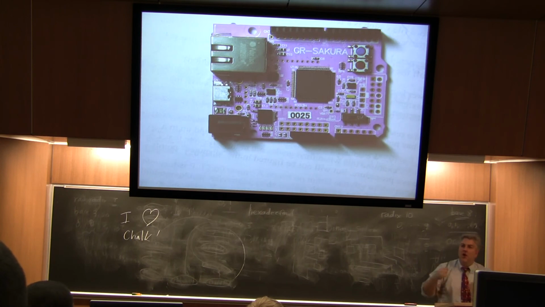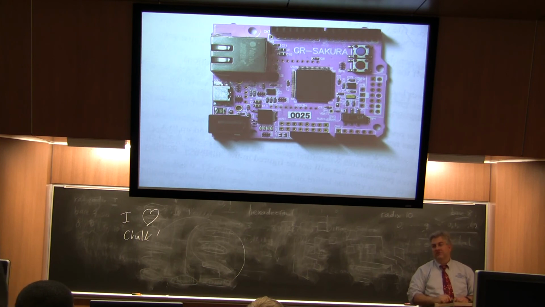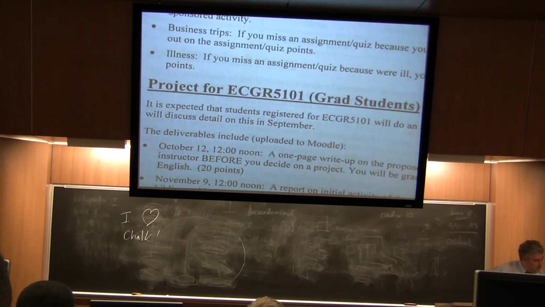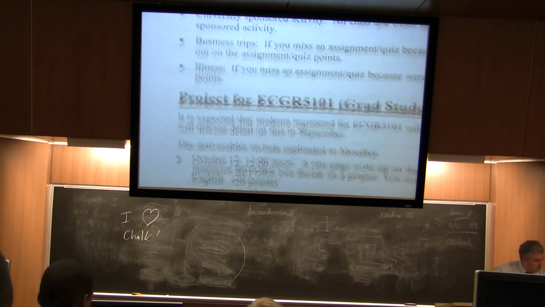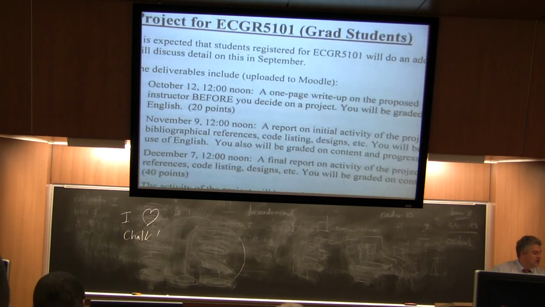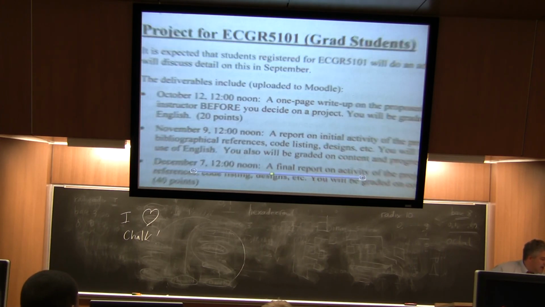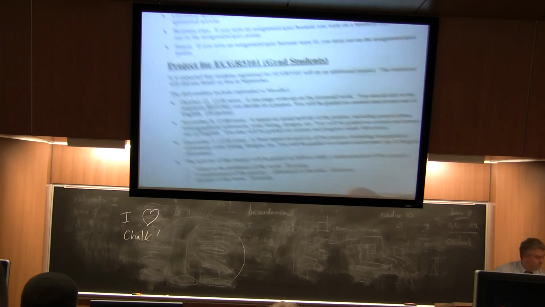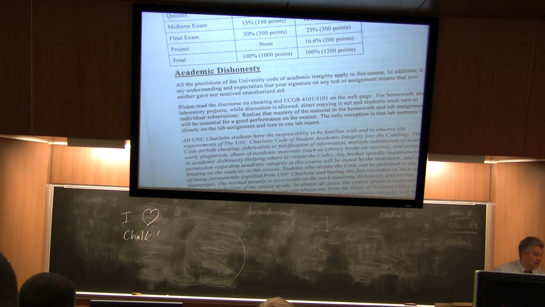And over the weeks, we'll look at why something like this is really good versus the wimpy Arduino thing that's out there. Okie dokie, let's see, project. So for graduate students, I may actually have you work with this board. But to be continued, because I don't have a lot of these boards yet.